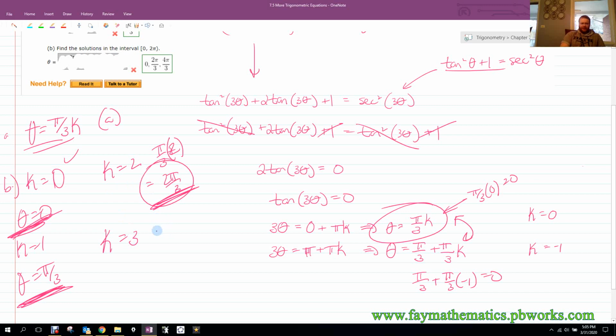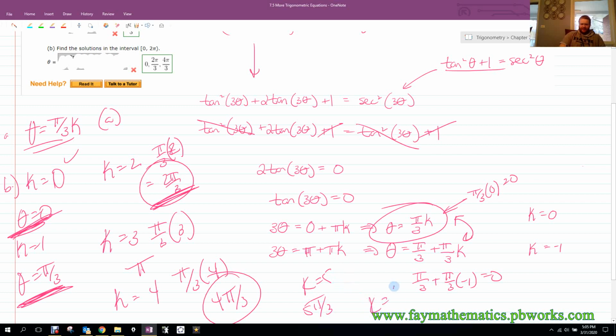Well, if k is 3, I'm back to pi over 3 times 3, so that's going to be pi. If k is 4, that's going to be pi over 3 times 4, which is 4 pi over 3. And if k is 5, you get 5 pi over 3.